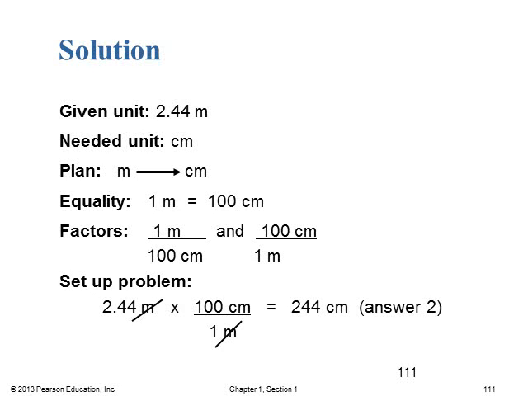Our meters cancel out, we're left with centimeters as our unit, and we get 244 centimeters. We have three significant figures in 2.44. Our conversion factor is within the same system, so it's an exact number, and so 244 can be reported as three significant figures.